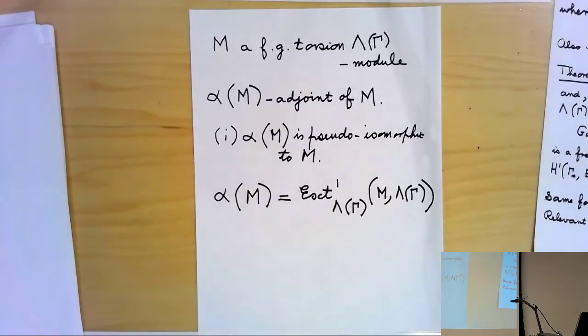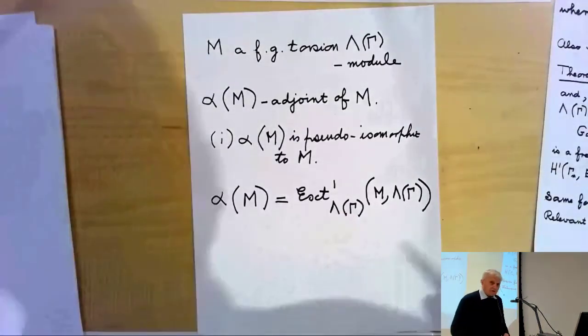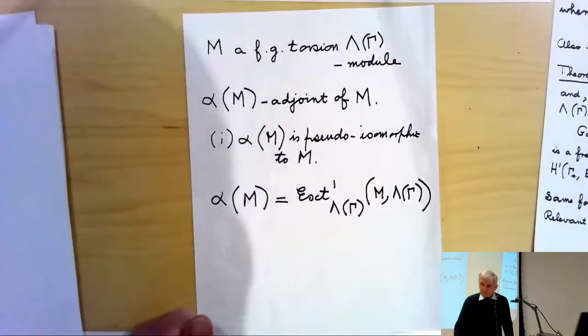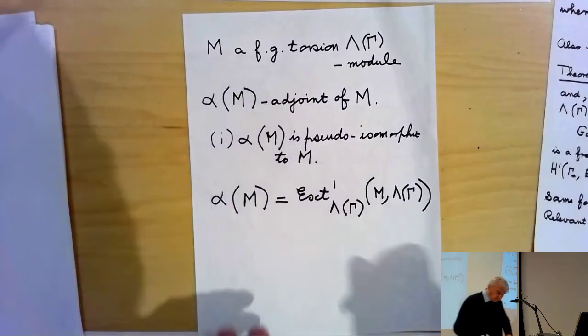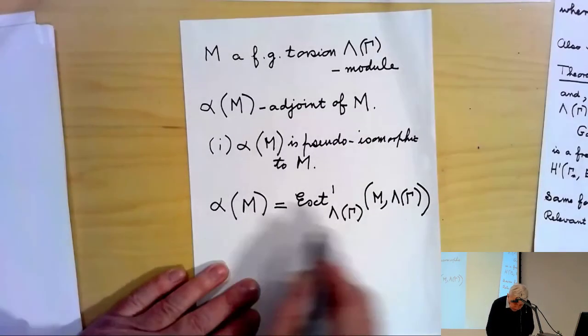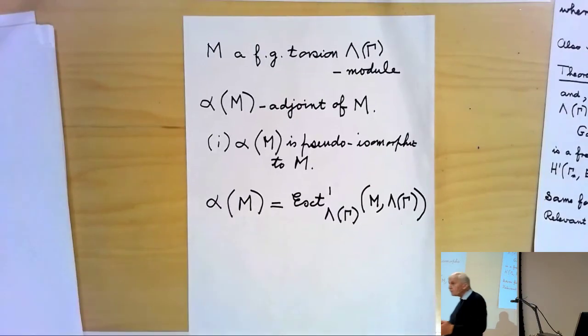I'm not quite sure who first wrote this description down. It certainly was written down by Bernadette Perrin-Riou, and it's discussed in detail. It's not obvious why this alpha of M that I've defined here is the same as Iwasawa's definition, although with this definition you can prove all the nice algebraic properties rather easily.